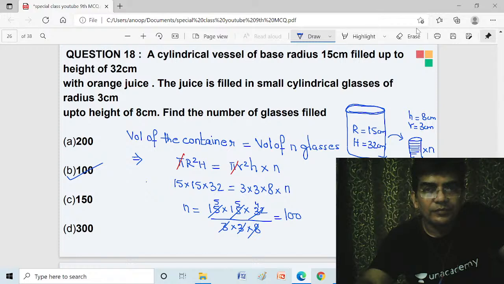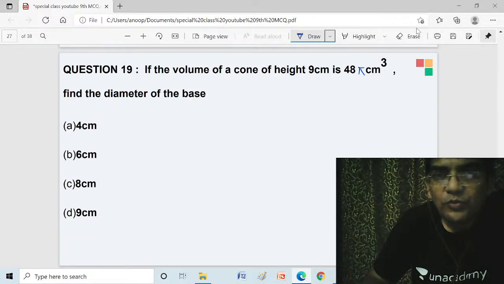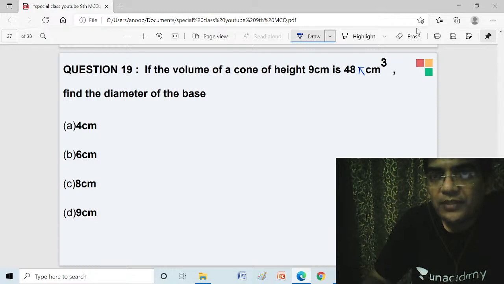Now here the question says the volume of a cone of height 9 centimeter is 48 pi. This is the volume given to you and they have asked you to calculate the diameter. So what we can do, we can write the formula for the volume of a cone.